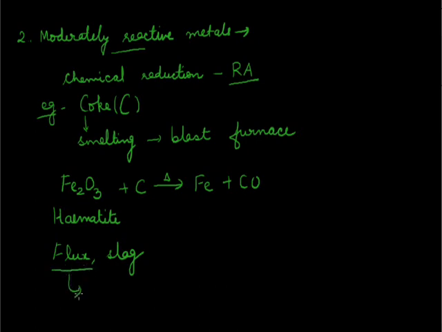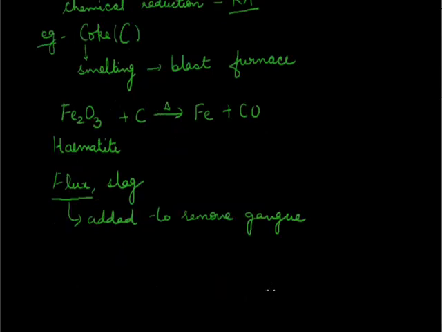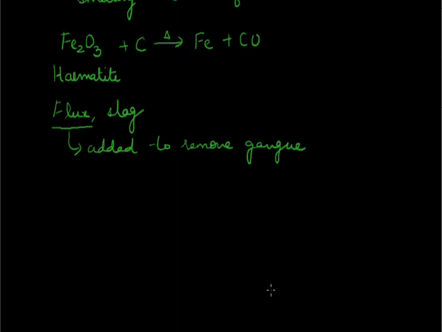So flux is any substance which is added during smelting to remove gangue. Like in the same example of hematite, along with the ore, that is hematite, calcium carbonate, limestone is added. So it's basically a mixture of these three: hematite, coke, which is acting as a reducing agent, and limestone.